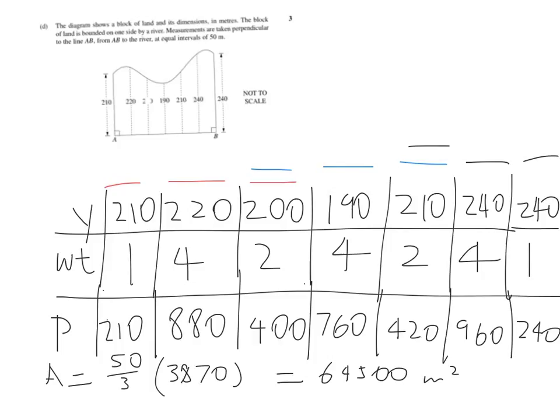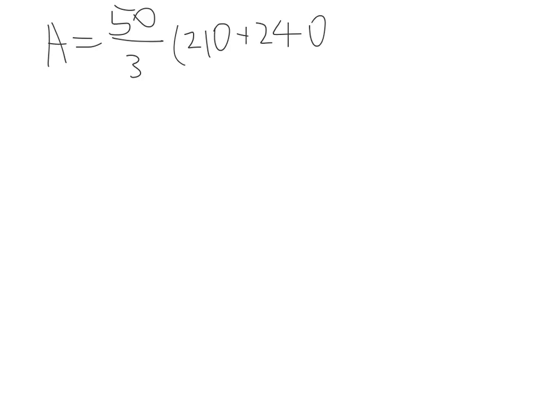The single application of the formula, well, I won't go all the way through it, but this is what it ends up being. 50 on 3, h over 3, first, which was, remind me, I think it was 210, plus 240. Now, we need to go and multiply 4 times the odd scores.